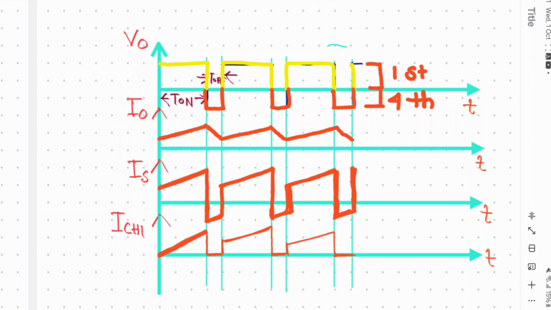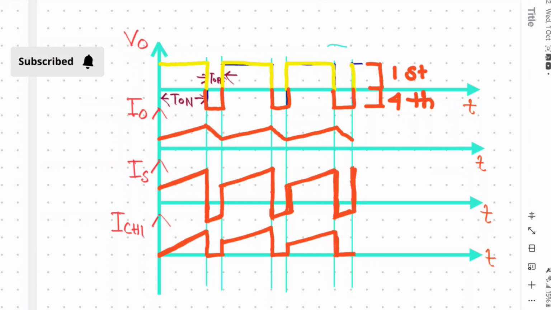When switch 1 and switch 2 are off and diode D1 and D2 are on, at that time it will discharge and decrease. Again it will increase. So there we get the current across the switch. When it is off, at that time it will be 0. Similarly, when it is on, current will increase slowly, and in the off condition, current across the switch will be 0.